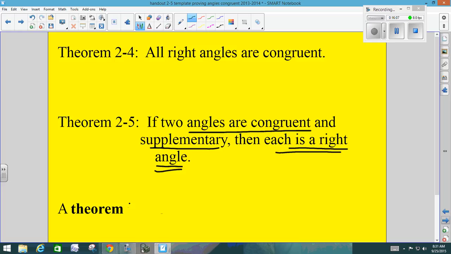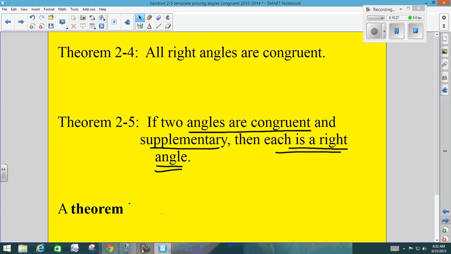Congruent means they have to be the same. And supplementary means, so I have an angle x and an angle x because they're congruent. And x plus x has to equal 180, then x must be 90. So if you have two congruent supplementary angles, then they have to be right angles.